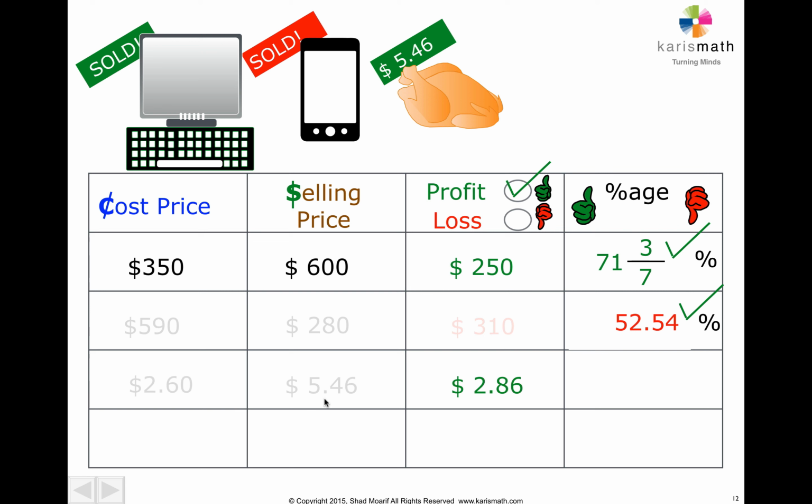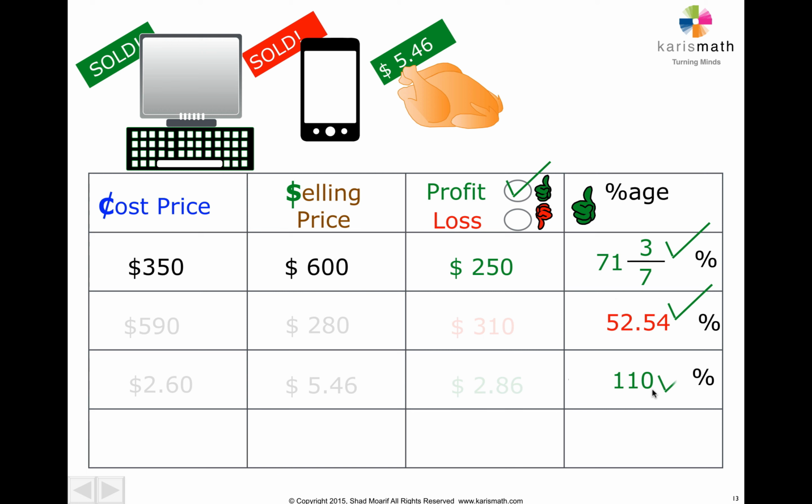And you made this profit over your cost price, which is $2.60. So 2.86 over 2.6 times 100%. And wow, you made a whopping 110% profit. You made up your 100% that you spent, and then you made an extra 10%.